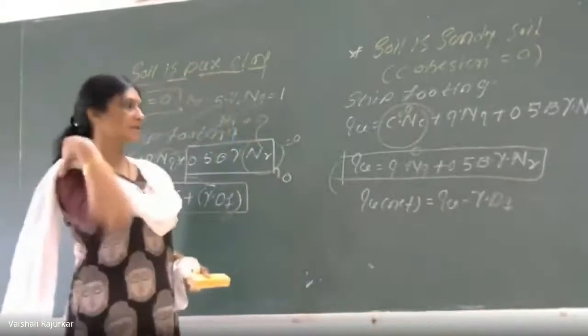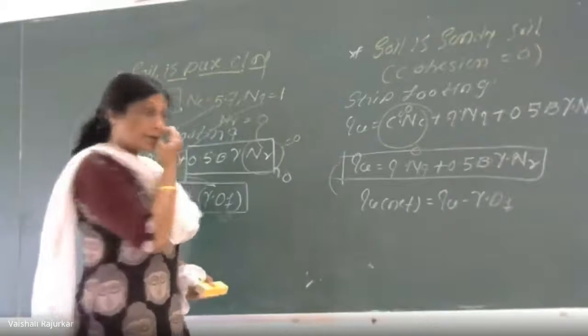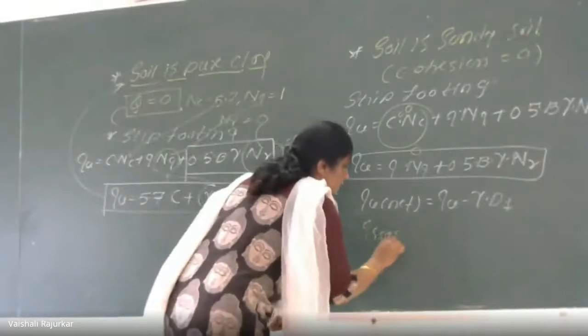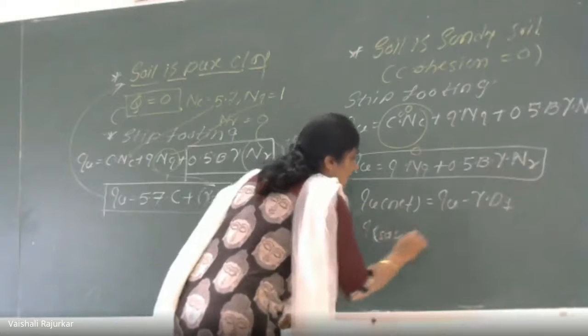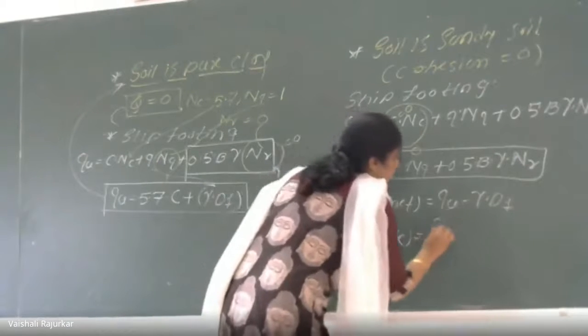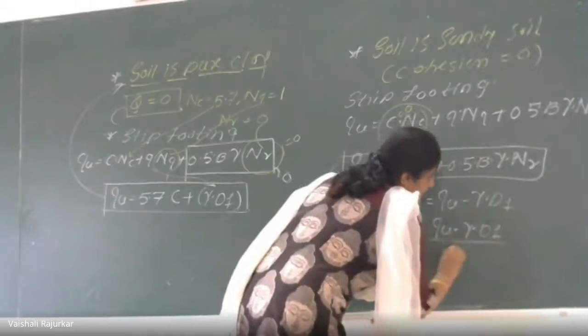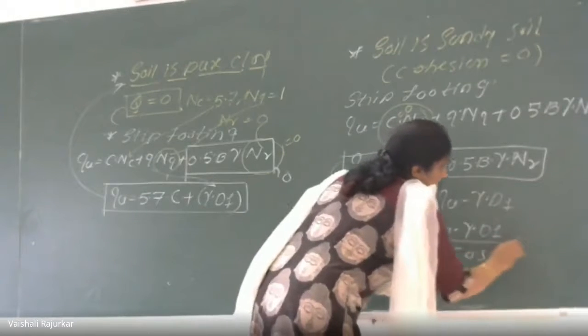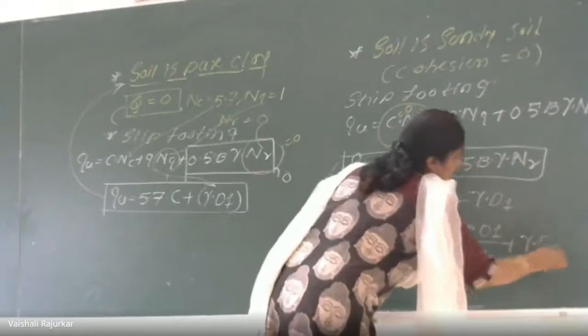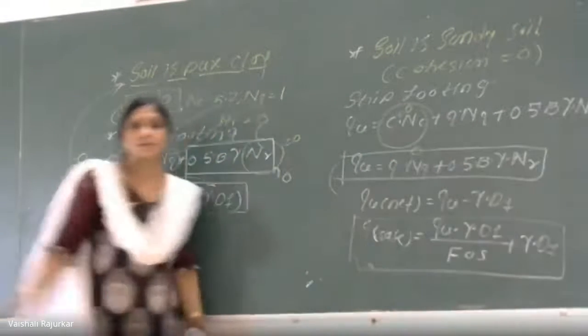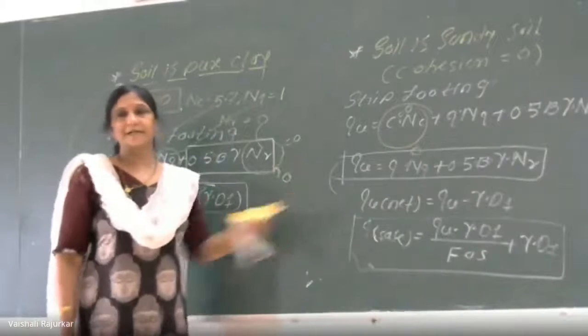Then how you will get Q safe? Q safe is equal to Qu minus gamma into Df upon factor of safety plus gamma into Df. So this part we have already discussed, still I just wanted to revise it. Right? So is it clear?